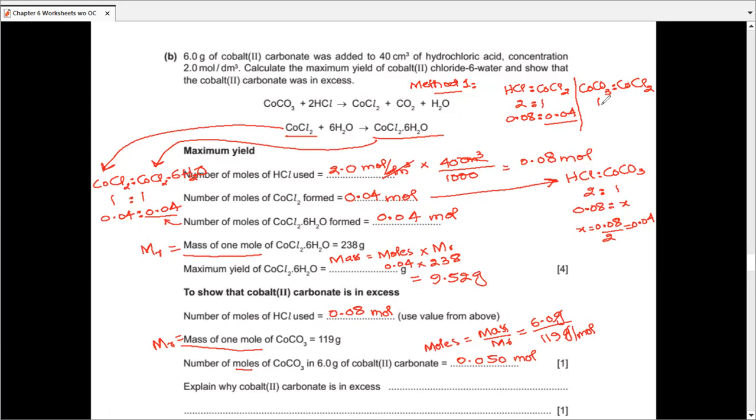So this one is 1:1, so 0.05 is going to give me 0.05. So this tells me, and I'm going to change my colors over here. So this is a smaller answer, this is a bigger answer, this is less, these are more number of moles. So this one is our LR, and this one is our ER.